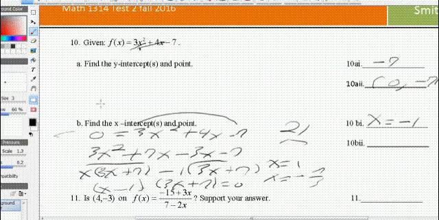So my x-intercepts are 1, 0 and minus 7 over 3, 0.